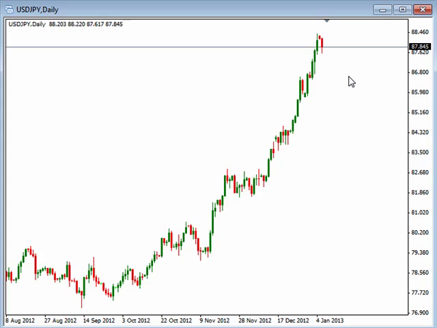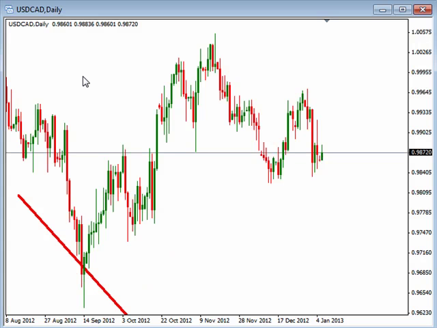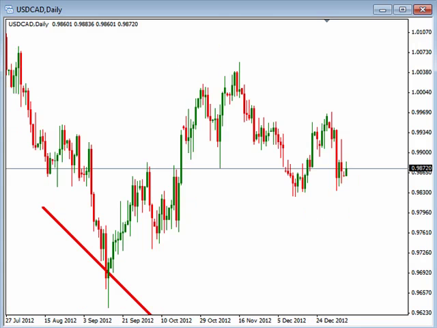So pretty tough when it comes to knowing when to get into this. But watch it. Look for the opportunity to get in as it begins to settle and build a base this year.